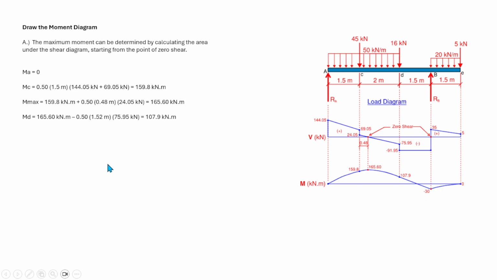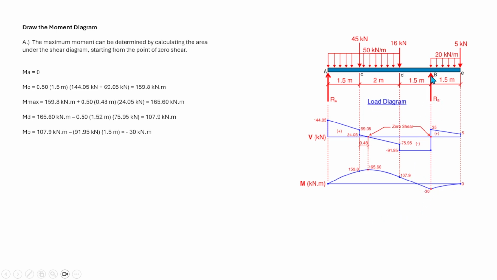So the moment at point B is equal to the moment at point D plus the area between D and B, which is 107.9 minus 91.95 times 1.5. That is the area at this point, which is equal to negative 30. So this is the moment just to the left of point B.